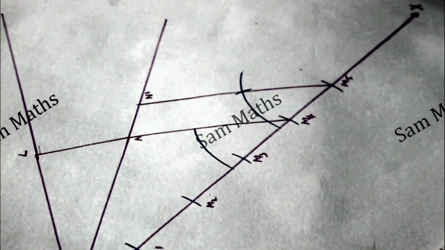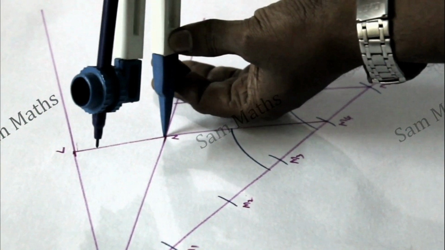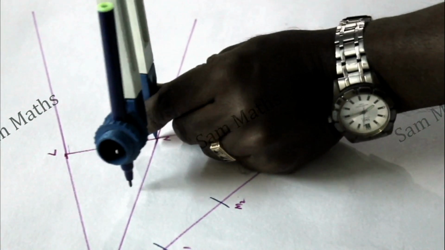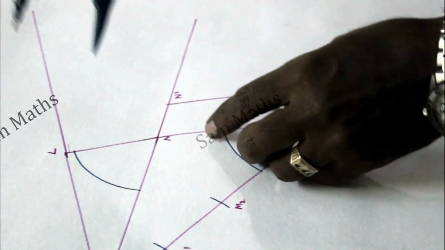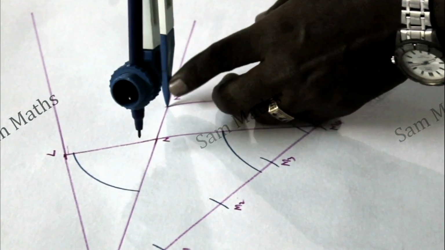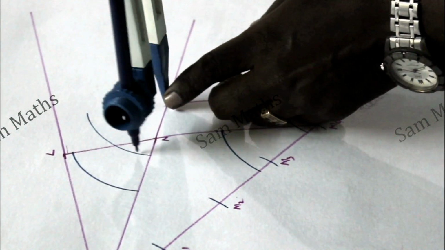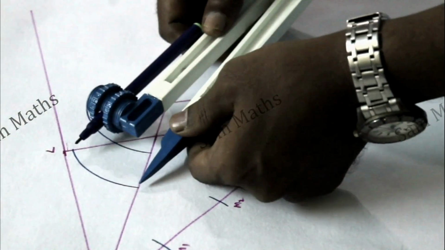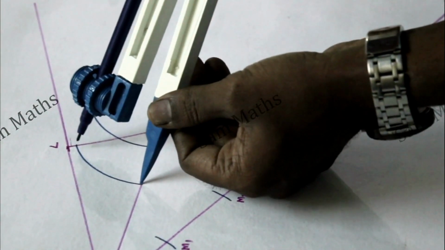Okay children? Now you have to do the same process. Now N as center, you cut the arc with any radius. With the same radius, now N dash as center, you cut an arc. Okay children, now you have to measure the first arc. Just check that.